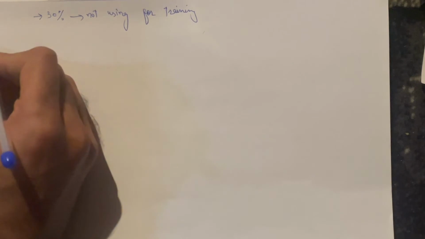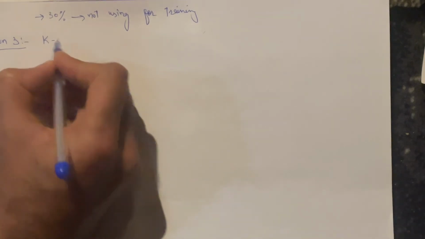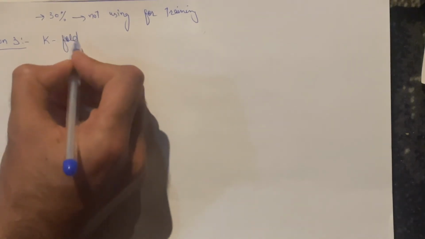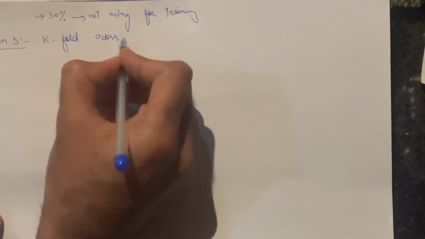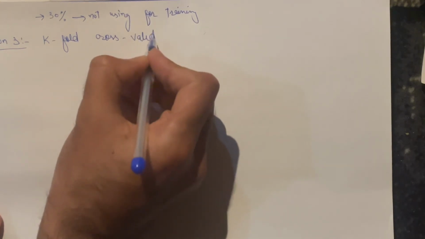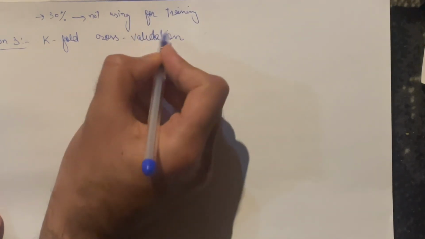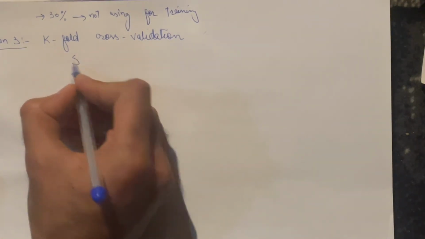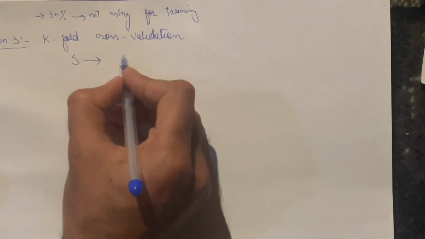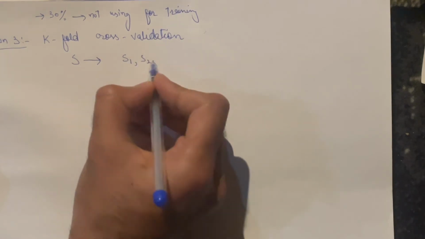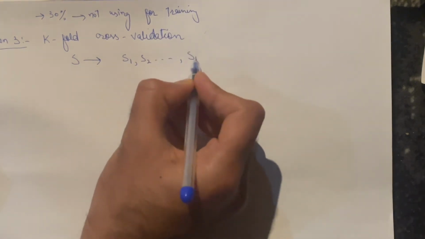Okay, so now to remove this limitation, there is an option 3, which is also called k-fold cross validation. And how this k-fold cross validation works is that it divides this data set into k subsets, s1, s2, up to sk. So these are k data sets.